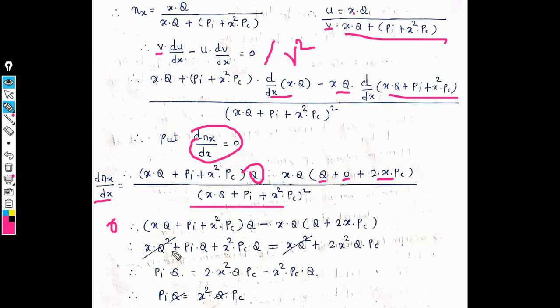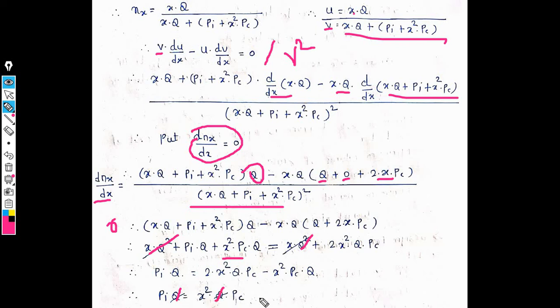Then this value gets cancelled. This value moves to the right hand side. Pi into Q is equal to x square into Q Pc minus x square into Pc into Q... then the obtained value is Pi into Q is equal to x square into Q into Pc. Then Q gets cancelled. Pi is equal to x square into Pc.